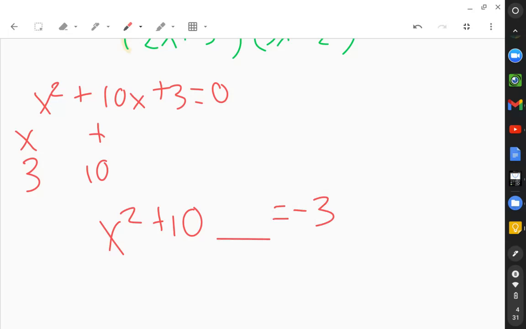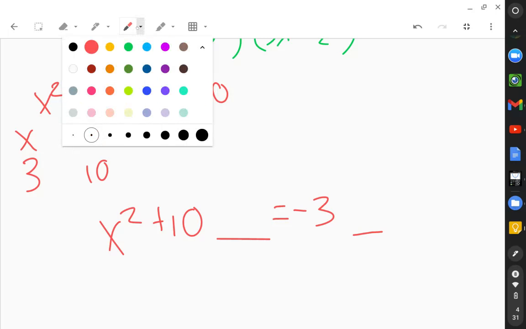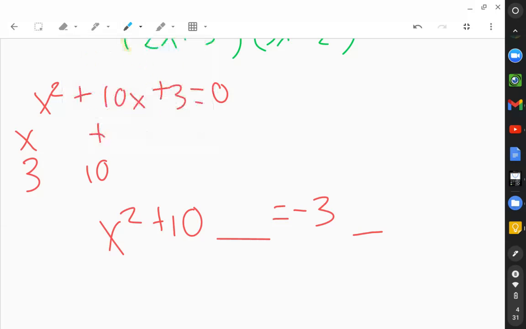And in order to find a number that works perfectly in here, I'm going to take the b value, which is 10, and I'm going to divide it by 2 and square it. So that means I'm going to take, sorry, there should be an x here.